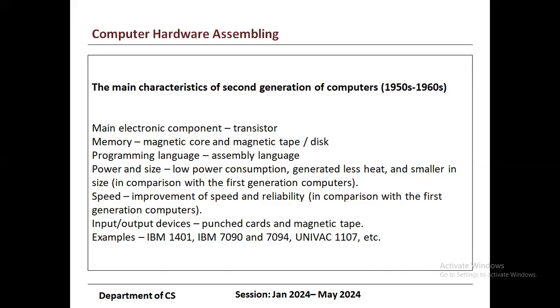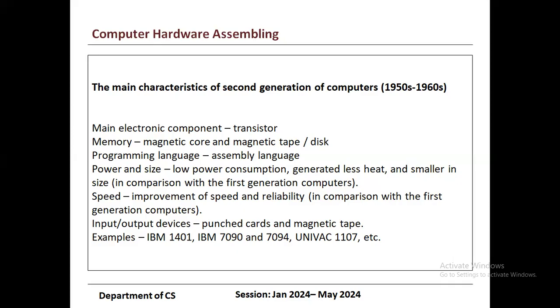The second generation computers were only used for specific objectives and required frequent maintenance. They used punch cards for input, which required frequent maintenance. So these are some disadvantages of the second generation of computers.